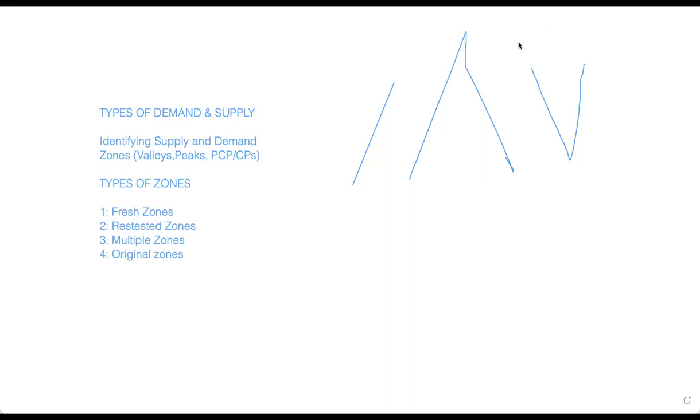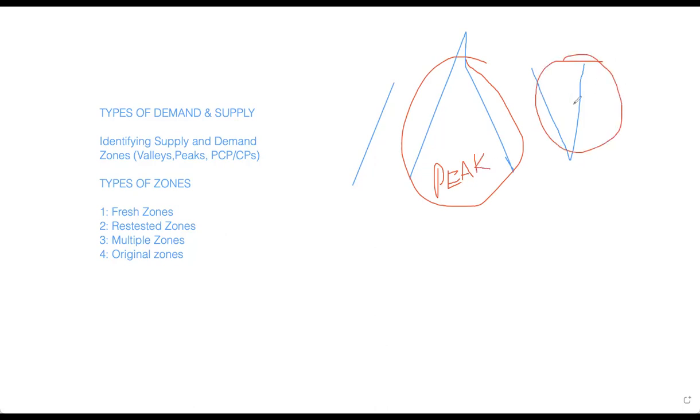So this one here is a peak. It looks like an upside V. And then this one here is a valley, right? A valley looks like a V. So from last week, if you remember, we said every chart is made up of those patterns, okay?